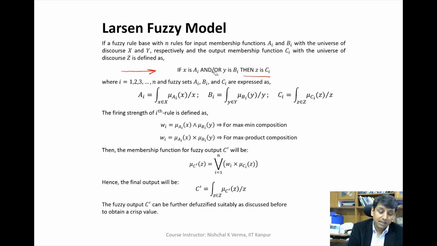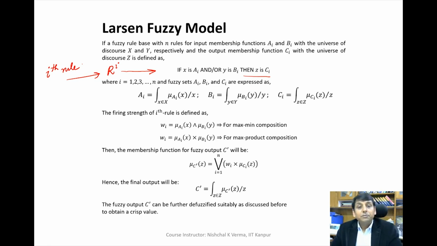So if this is the ith rule, I can write here Ri. In other words, i represents the ith rule.